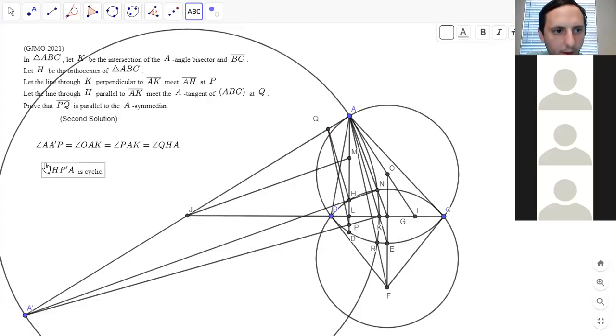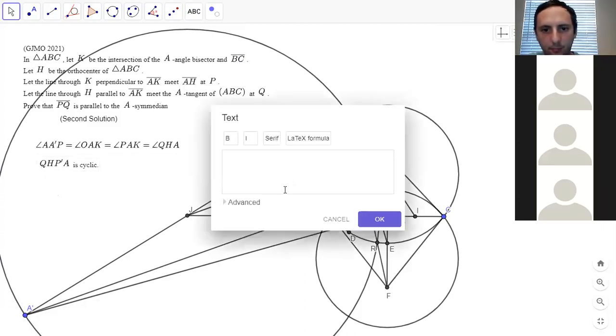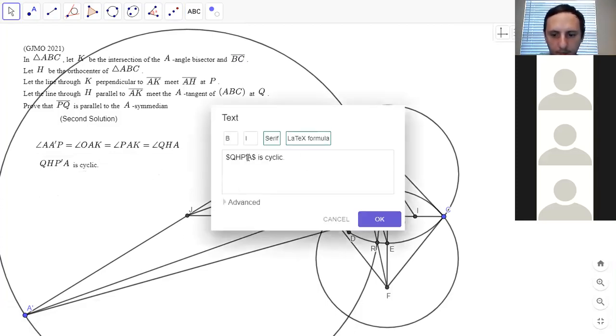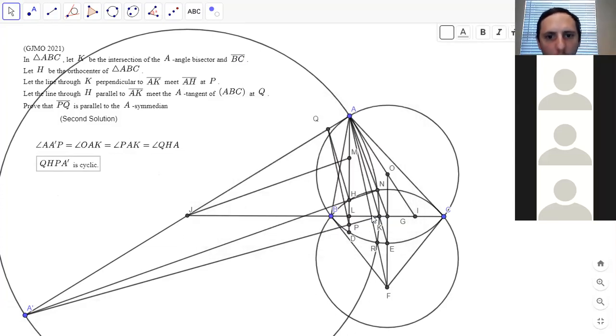And then once we know that, QHPA prime cyclic, and so PQ is basically anti-parallel. Let's see. And then from here, is it kind of just an angle chase?